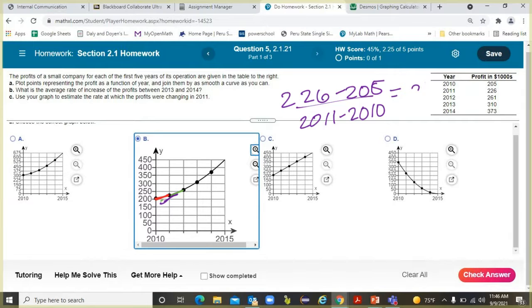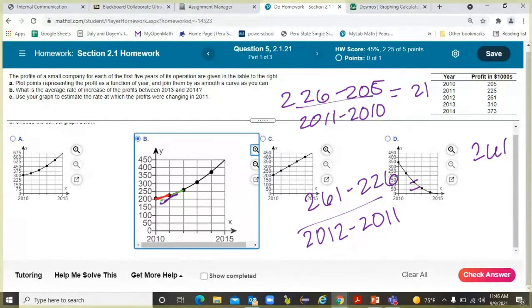So that is what, 21. So the slope there is 21. And then for the next year, between 2011 and 2012, 261 and 226, the slope was, okay, 261 minus 226. So that's a 5. So 35. So I think that was 35.